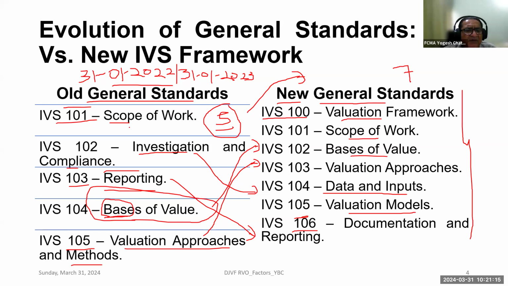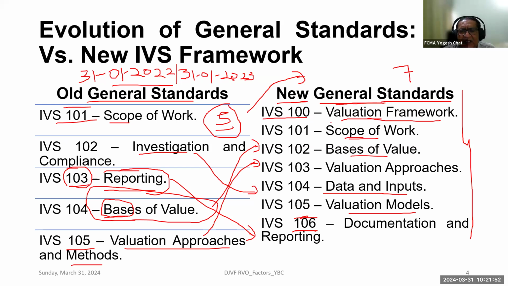Earlier the order was not logical, because normally the valuer will prepare a valuation report at the end, but guidance on that was provided in 103. Now that is at the last, so that is 106. Likewise, whenever a valuer gets a valuation assignment, the first thing a valuer needs to determine is the valuation framework. Guidance on that we will get from IVS 100.